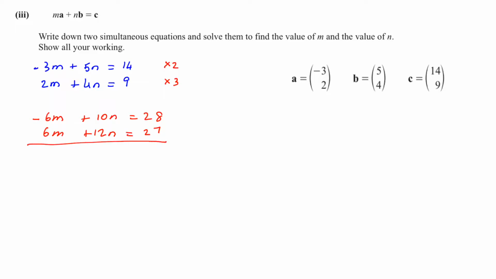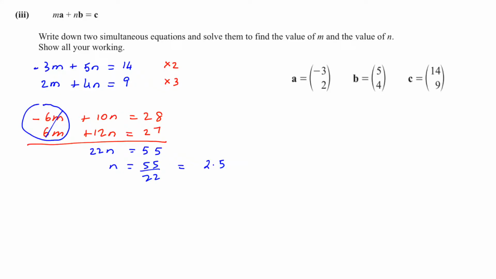If the signs are different, like in this case, you have a negative 6M and plus 6M, so we add. This will get cancelled. 10 plus 12 is 22N, and this will give us 55. So N is equal to 55 divided by 22, which is 2.5.